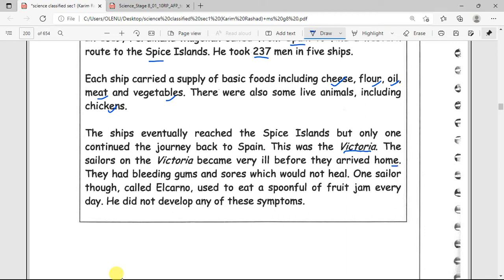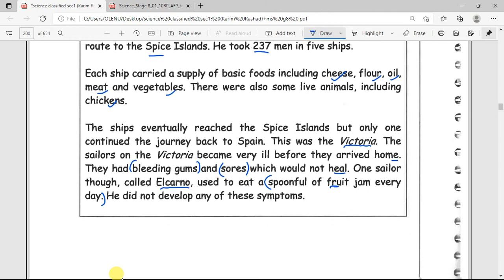They had bleeding gums and sores which would not heal. One sailor, called Elcano, used to eat a spoonful of fruit jam every day. He did not develop any of the symptoms of bleeding gums and sores.